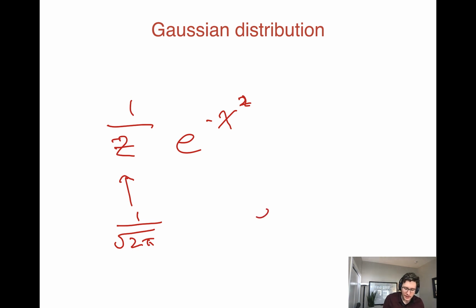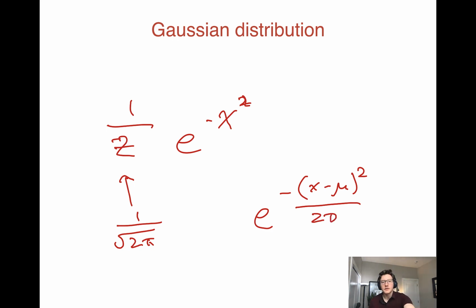So that's why we see e to the power of negative x minus mu squared divided by 2 sigma squared. And once we add that, we also have to add sigma in our constant factor.